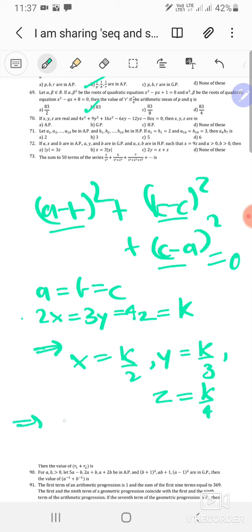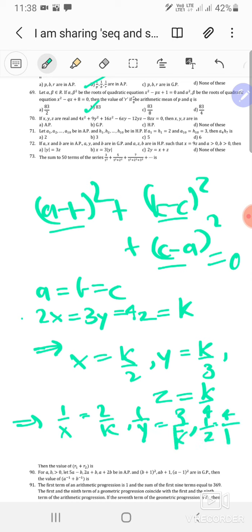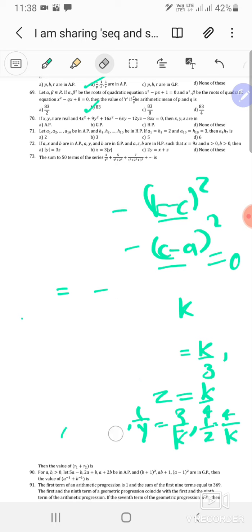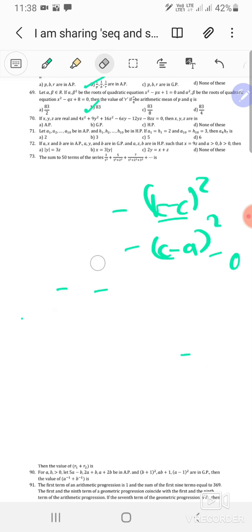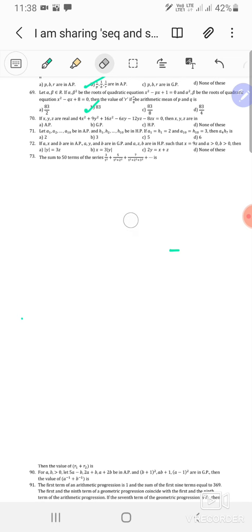So if I take the reciprocal, I will get 1 upon x equals 2 upon k, 1 upon y equals 3 upon k, and 1 upon z equals 4 upon k. And you can clearly see that these are in harmonic progression, right? X, y, z are in a harmonic progression because the reciprocals are in arithmetic progression. So there we go. Okay, that's nice. So x, y, z are in HP.